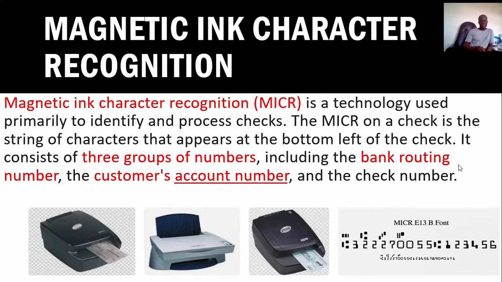With these three things inscribed here, as you can see at the bottom right, the cashier can easily identify the check. You may notice that in most cases when you present a check to a cashier, it passes through a given machine. They just put it into the machine, you hear a sound, and by so doing they are able to identify the authenticity of that particular check.